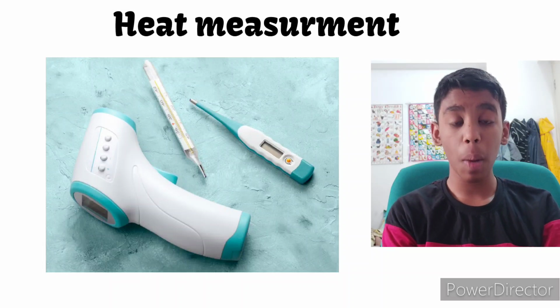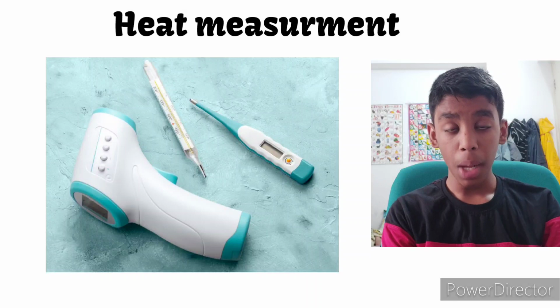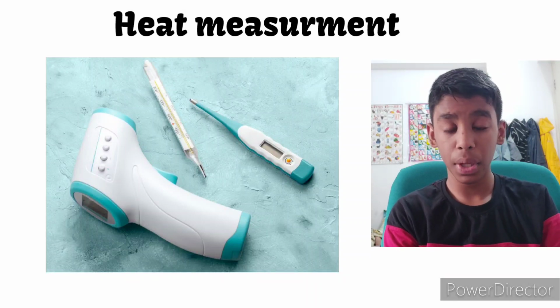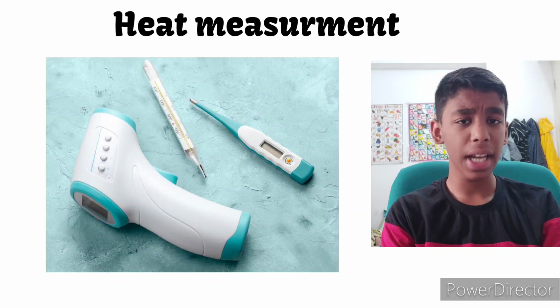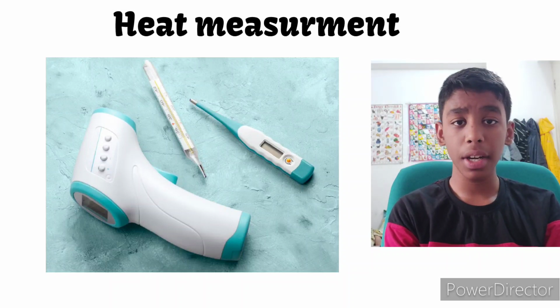Heat is the form of energy which indicates whether something is hot or cold, but temperature is the thing which measures the heat. Okay, so now let's look at the thermometer. The thermometer is basically an instrument with which you can measure the surrounding temperature.